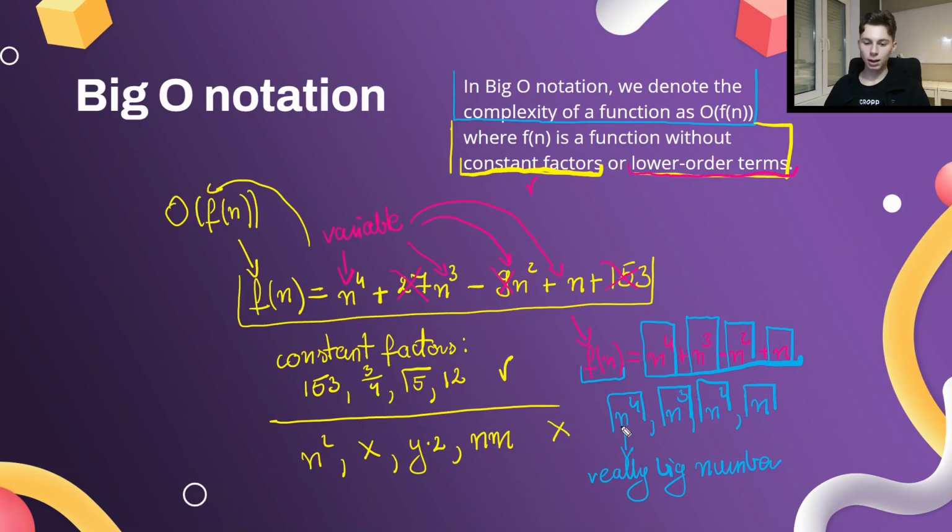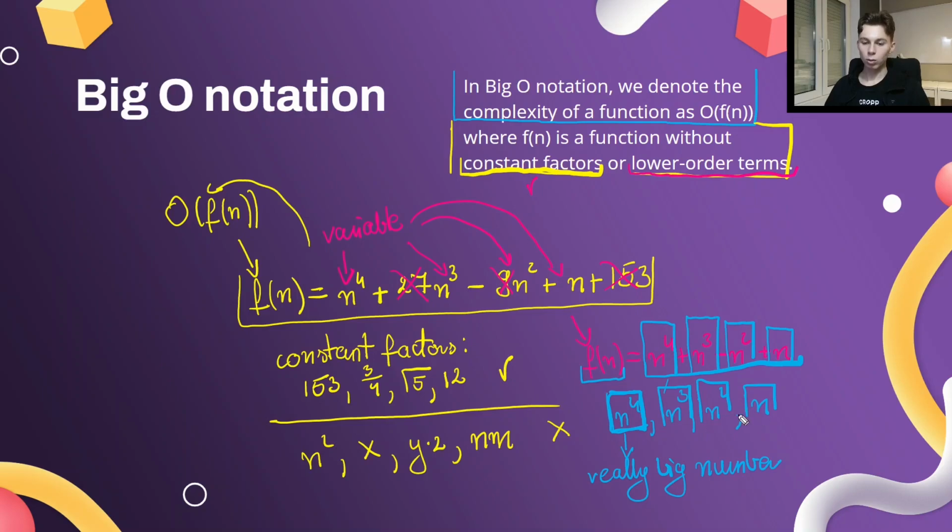So, a higher order term will be always bigger than any lower order term if we put a number big enough, any number big enough. So the highest order term in here is n to the power of 4. Why is that? Well, if we put, for example, 1000 in here as n, it will be a much bigger number than n to the power of 3, n to the power of 2, or n.